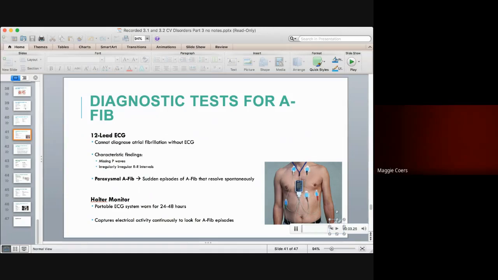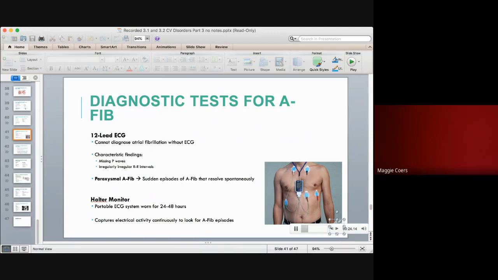We use a 12-lead EKG to diagnose atrial fibrillation. In order to actually diagnose, they have to have a 12-lead EKG at some point. The classic AFib findings are here on the slide.